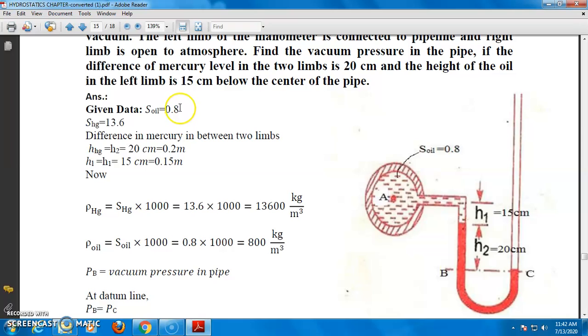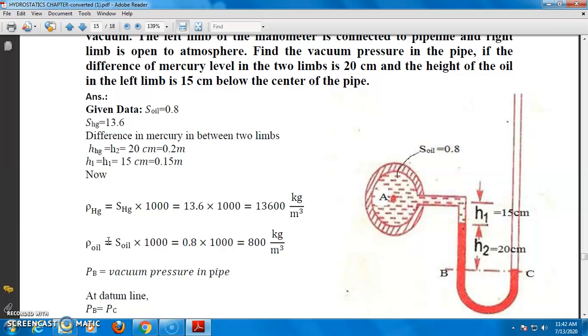First, you have to convert the specific gravity of the oil to the density of that oil. All of you know that the specific gravity of a liquid is equal to the density of that liquid divided by the density of the standard fluid, that is water.